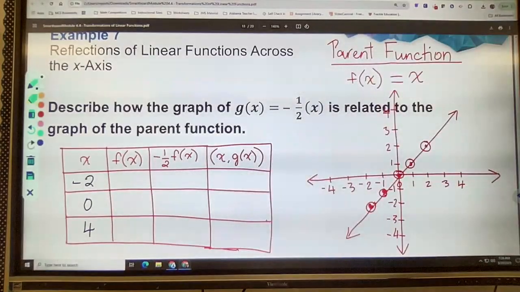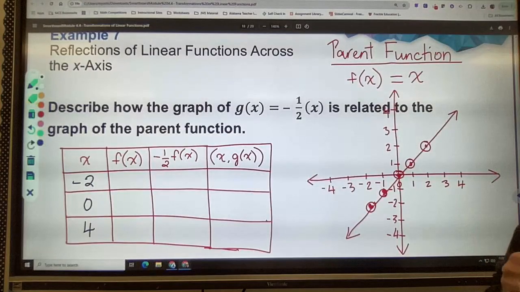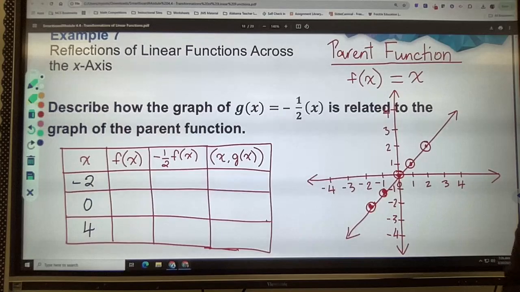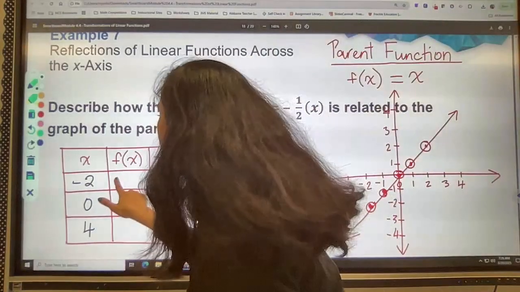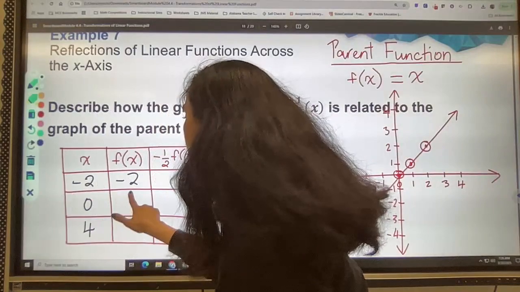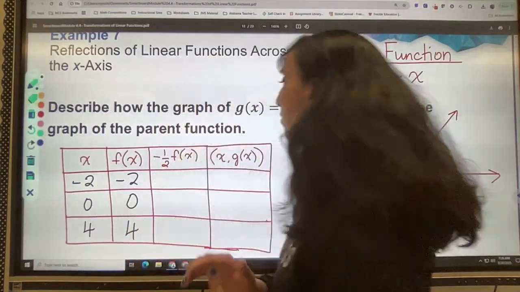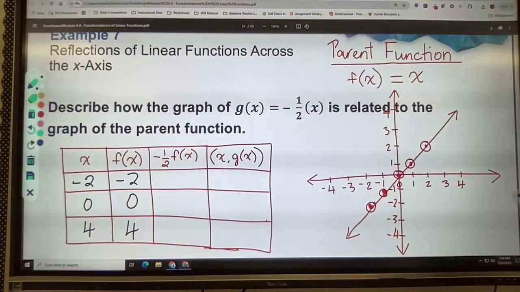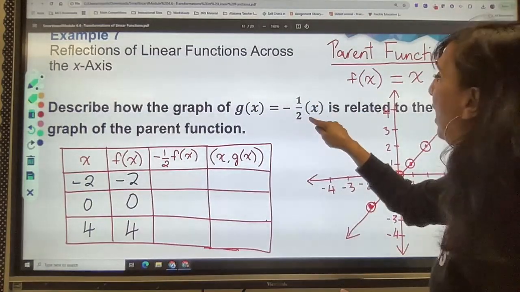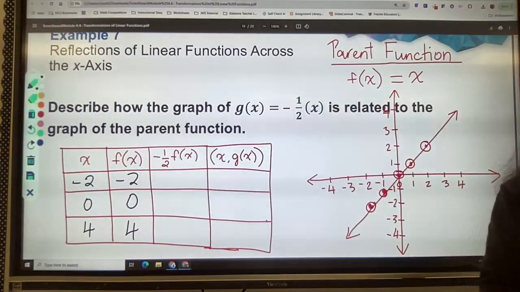Okay. Now we know that in the parent function, f of x is equal to x. And now we are doing negative 1/2 of x.